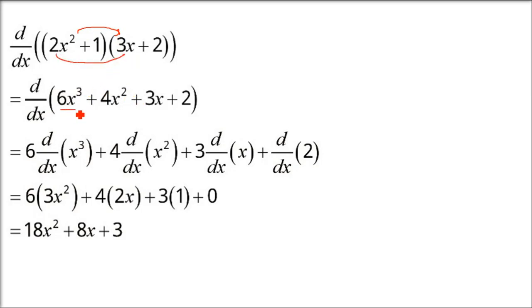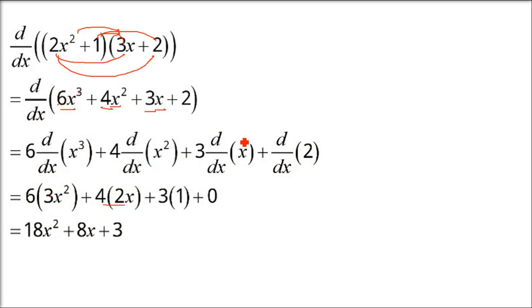So 2x square into 3x is 6x cube, 2x square into 2 is 4x square, 1 into 3x is 3x, and 1 into 2 is 2.